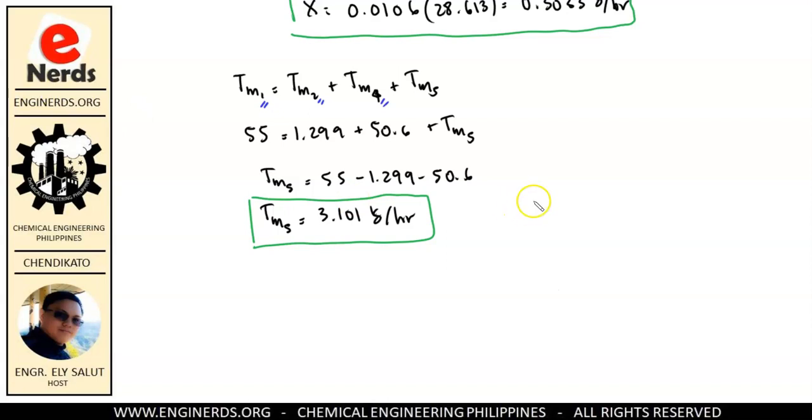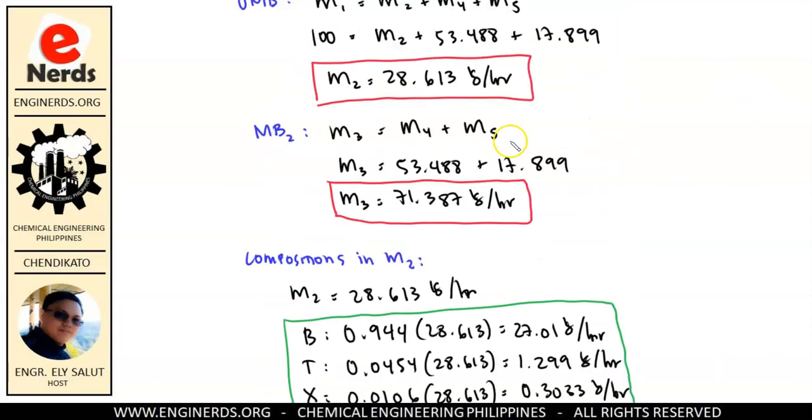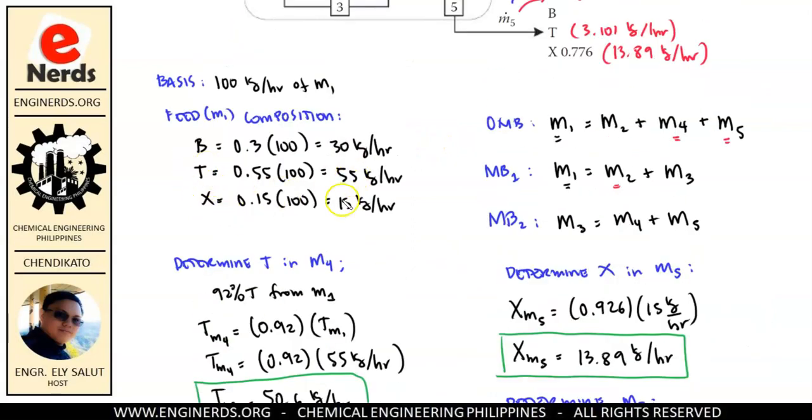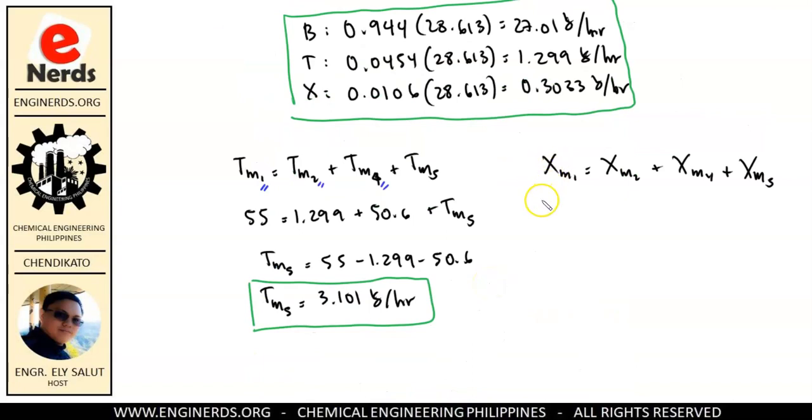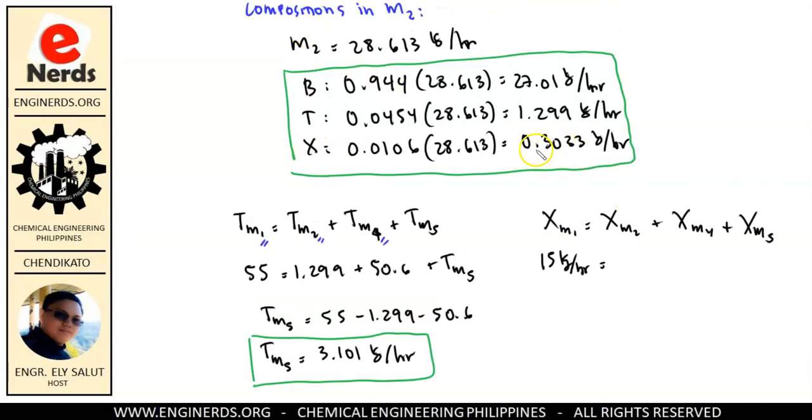We know that silane in M1 is equal to silane in M2 plus silane in M4 plus silane in M5. So, our silane in M1 is equal to 15 kilogram per hour. So, we have 15 kilogram per hour is equal to our X in M2, dito siya, 0.3033 plus our silane in M4.